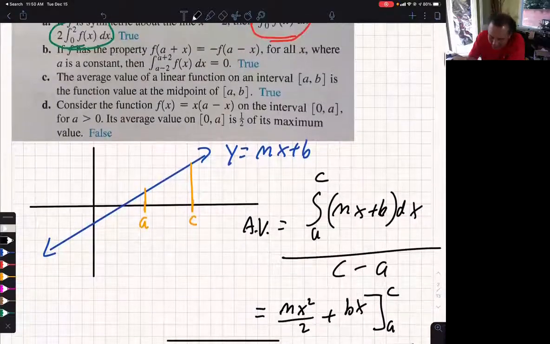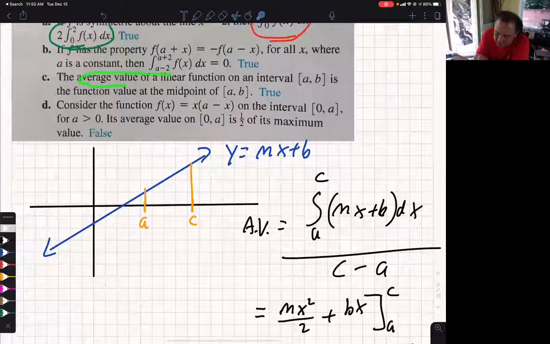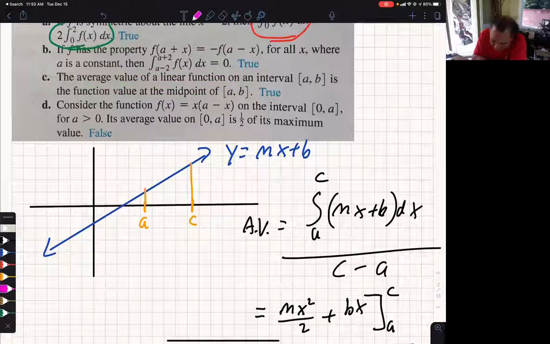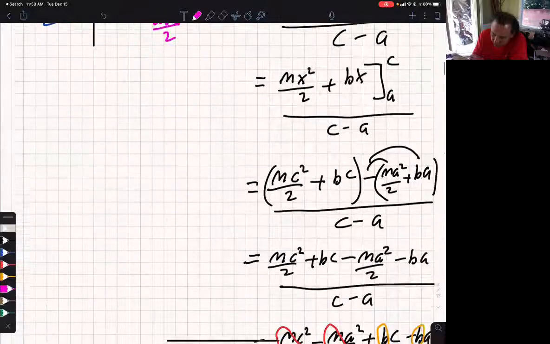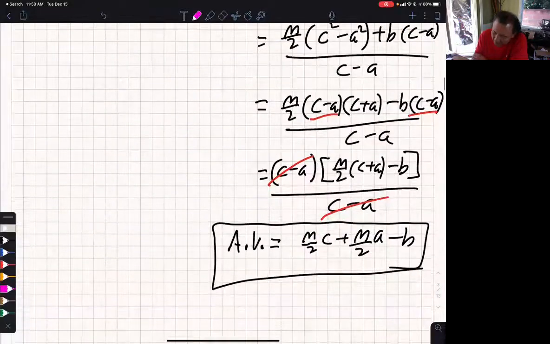C claims that the average value of a linear function, which we just found, equals the function value at the midpoint. Well, what's the midpoint? The midpoint is in the middle here, and the average of two values is a plus c over 2. That's the midpoint. Now, it's telling us that the y value here at that midpoint is equal to this average value here.